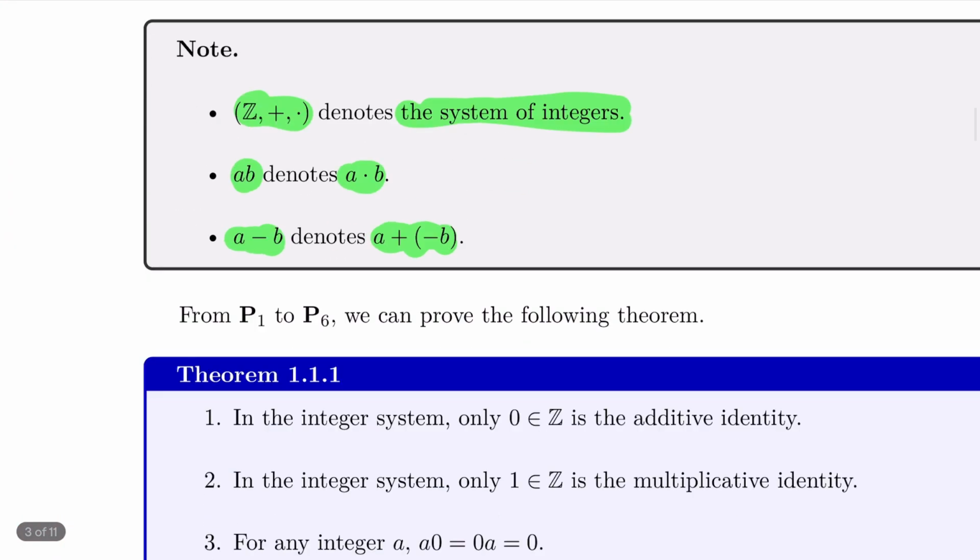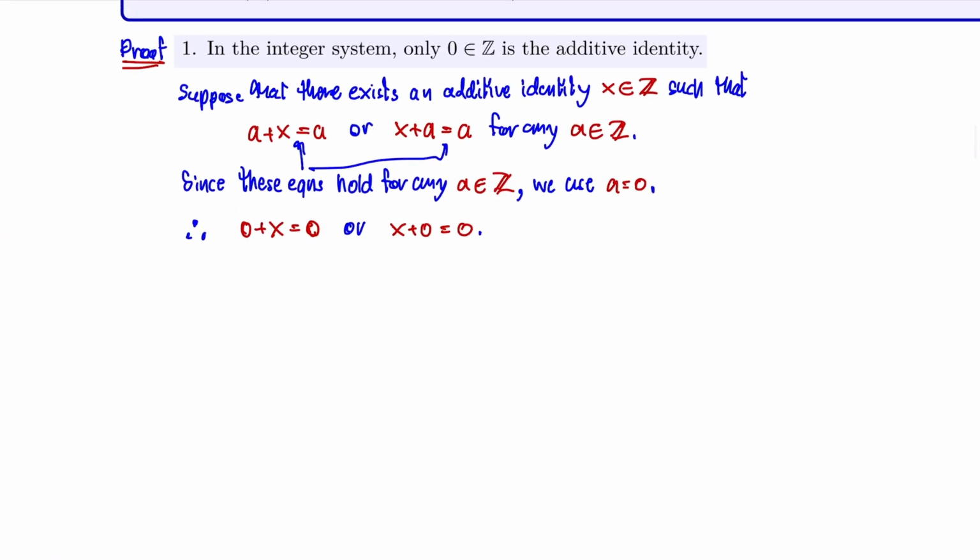So by P3, 0 plus a equals a for any integer a. So we can use a equal to x.